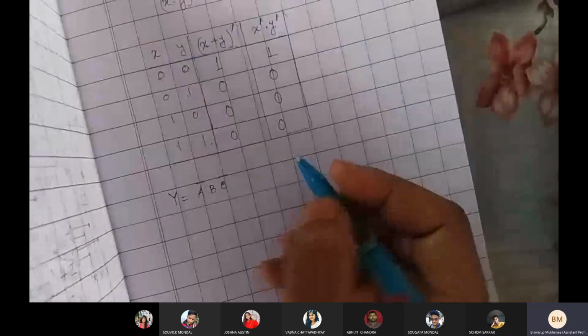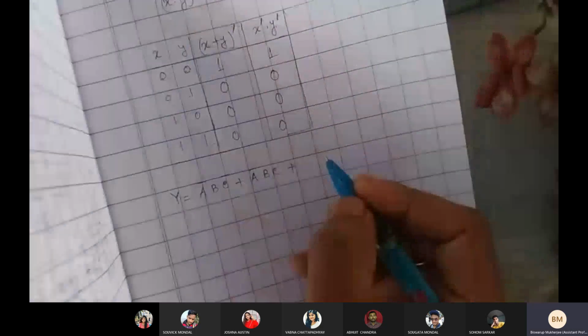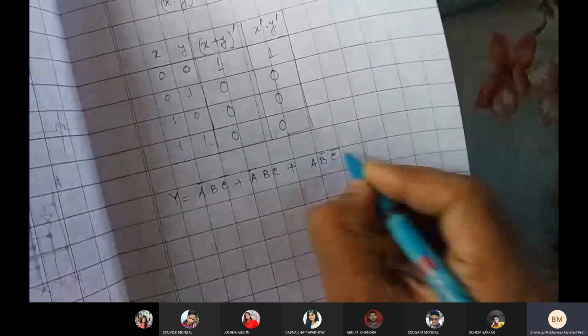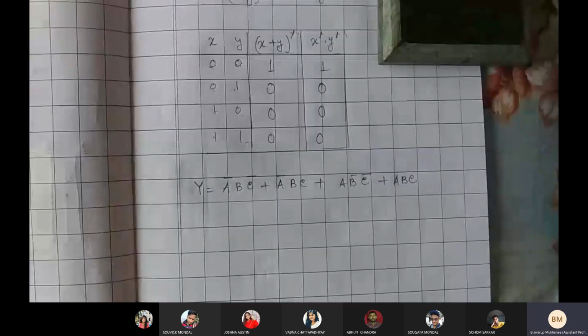Next is a bar b c plus a b bar c bar plus abc. Okay, let me try to minimize this one. Okay, so we have got this one, fine.